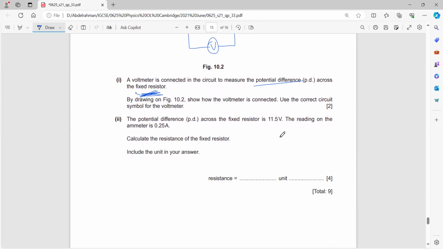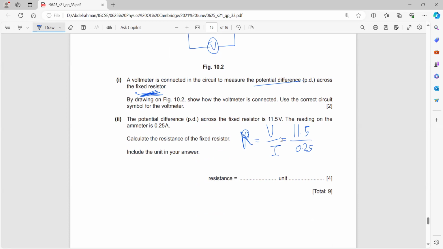Can I calculate the resistance? Okay, what is this attitude? It's 4 marks. Fine, 4 marks. R equals V over I. V is 11.5 over I, which is 0.25.